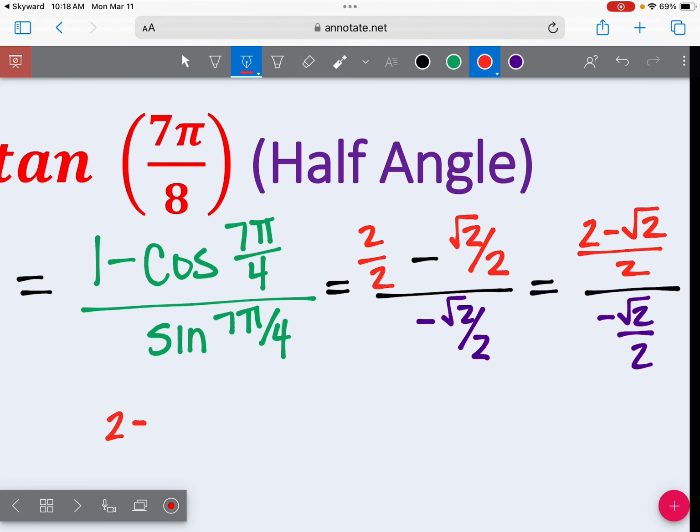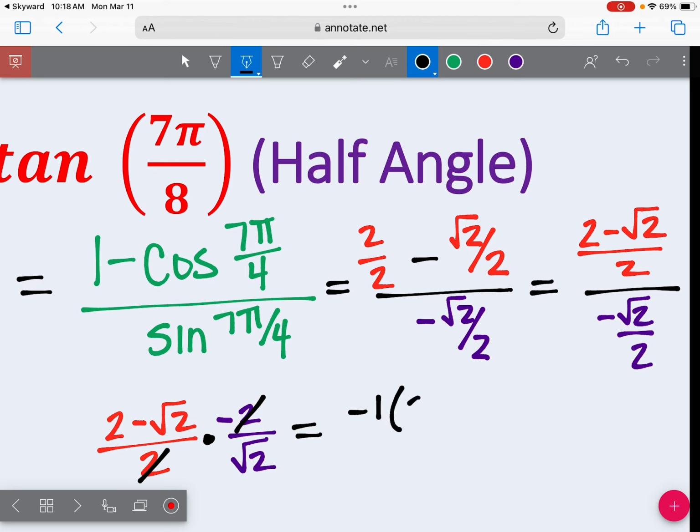So keep the numerator. Change to multiplication. And flip. And that's a negative. So of course my 2's are going to cancel, which is going to leave me a negative 1 multiplied by my numerator.